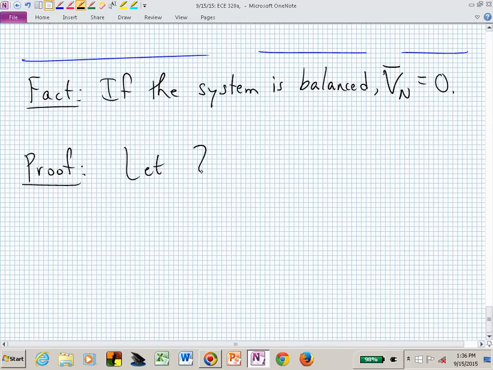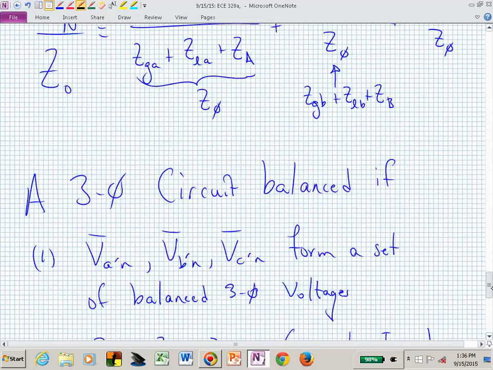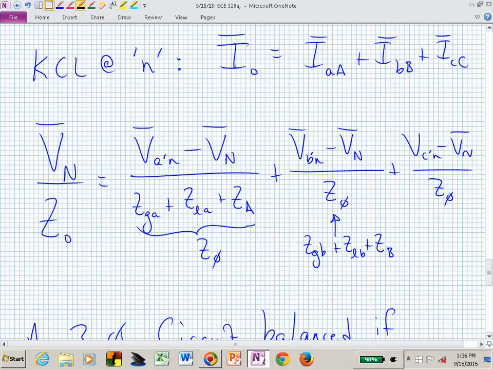To start, let me just go back to what I said I was going to do. This Z sub phi was going to be Z sub A plus Z sub LA plus Z sub GA. With that, I can rewrite this equation. I'm trying to show that capital V sub capital N is equal to 0. Let me pull all of those V sub N's to the left-hand side.